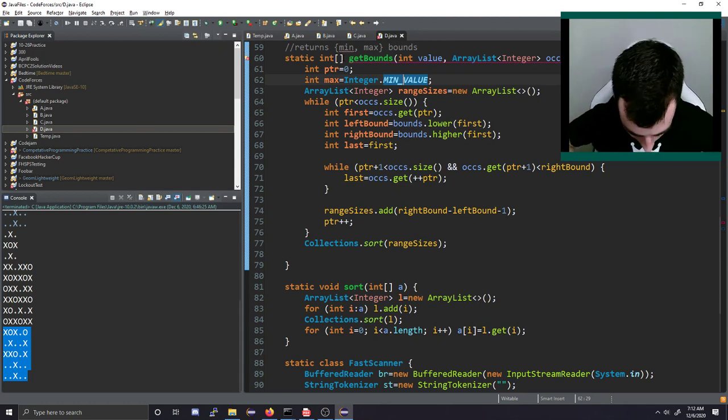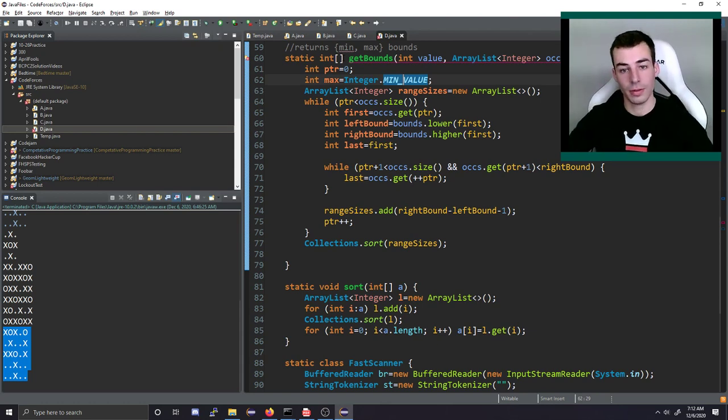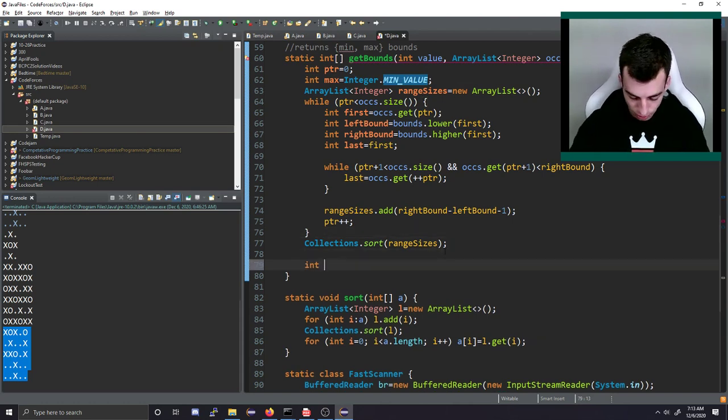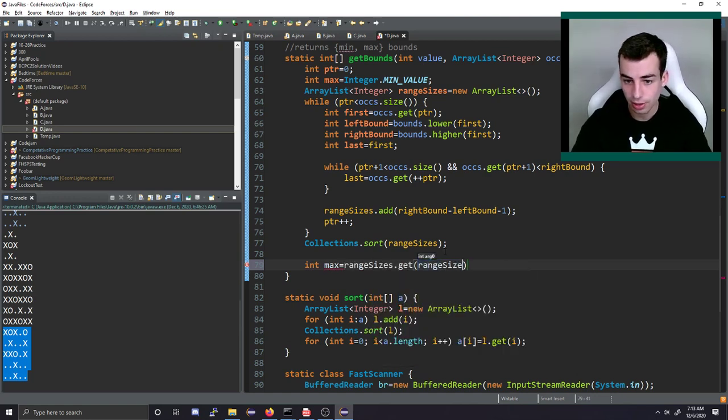And big enough that we have to be greater than or equal to this here. Okay. So the only thing we need to be smaller than will be range sizes.get(range sizes.size() - 1).